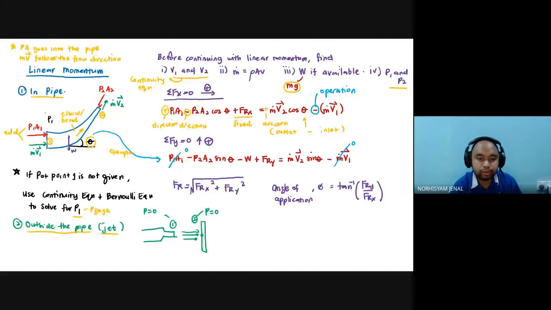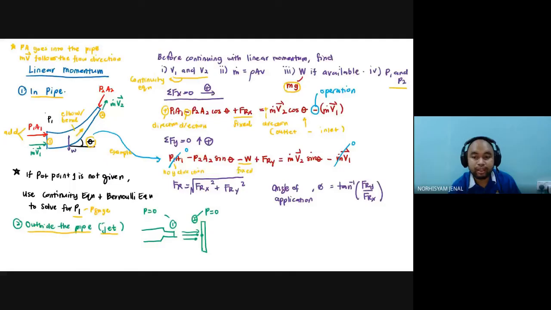Okay, so for example, we have P1A1 minus P2A2 sine theta minus W. So P1A1 here, why is it cancelled into 0? Because there is no y direction in the flow. So here P1A1, no y direction. Minus P2A2, because P2A2 is coming down, so minus P2A2 sine theta. Minus W, this one is fixed because your weight should always go downward.